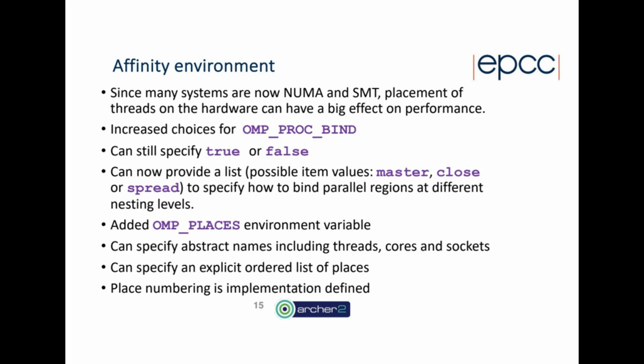Since a lot of systems now are NUMA and also have SMT, so also have hardware threads, choosing where your threads are placed on the hardware can have a significant effect on performance. That's certainly true if we have nested parallel regions. That's when you start to really have to care about this kind of thing.